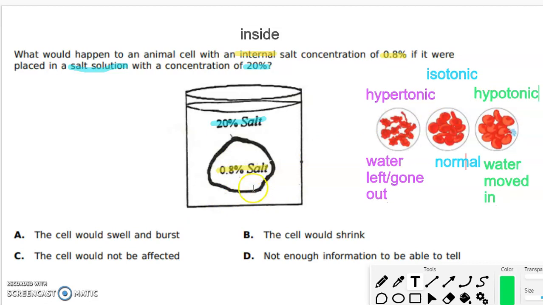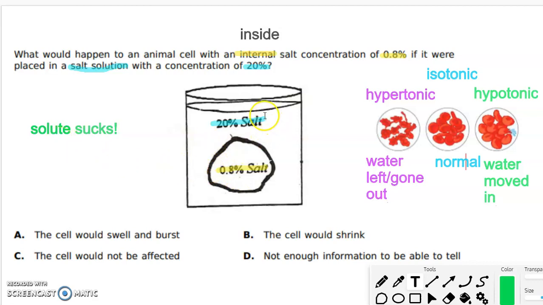So this question is asking, which way will the water move? In order to do that, we need to remember the phrase solute sucks, or salt sucks, or starch sucks. Remember, solutes are just salts or sugars or starches.